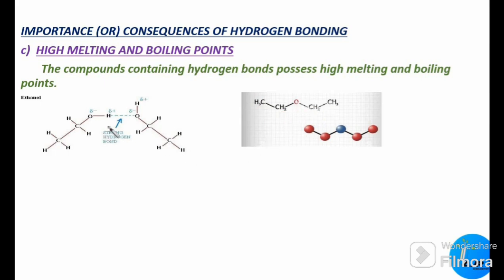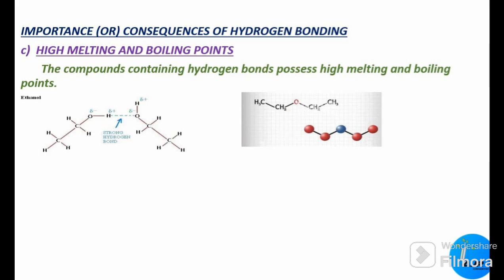Hydrogen bonding raises both the melting and boiling point of a substance. This is because hydrogen bonds are strong intermolecular attractive forces, and this creates a stable molecule. So it takes more energy to break up such molecules than it would if the bonds were not there. That's why ethyl alcohol has high melting as well as boiling point compared to diethyl ether.